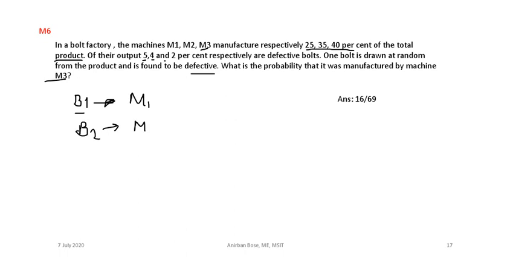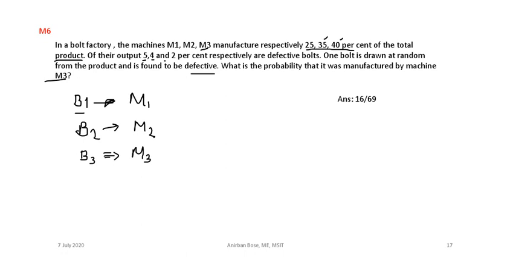This is event 2. What is event 3? Let us define event 3 as the sample that was drawn being manufactured by machine 3. These probabilities you already know, because in the whole lot the contribution from machine 1 is 25%. So the probability of B1 is 25%, and the probabilities of B2 and B3 are respectively 35 and 45%.